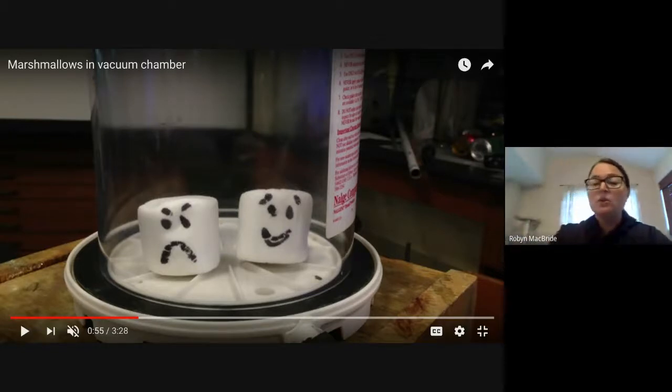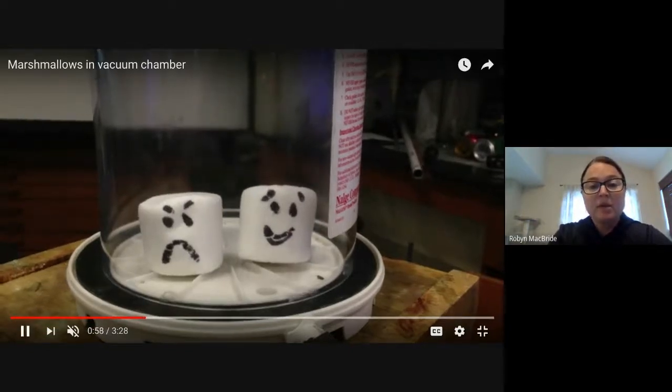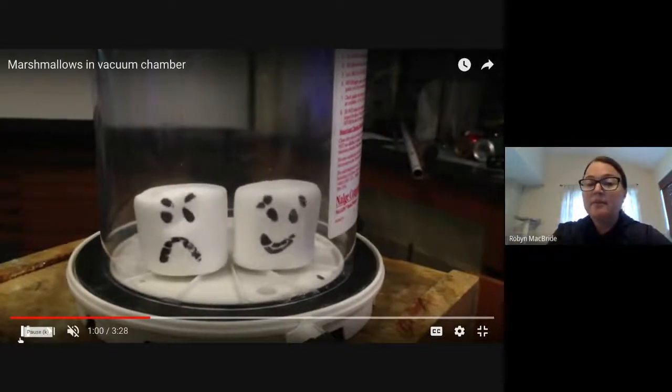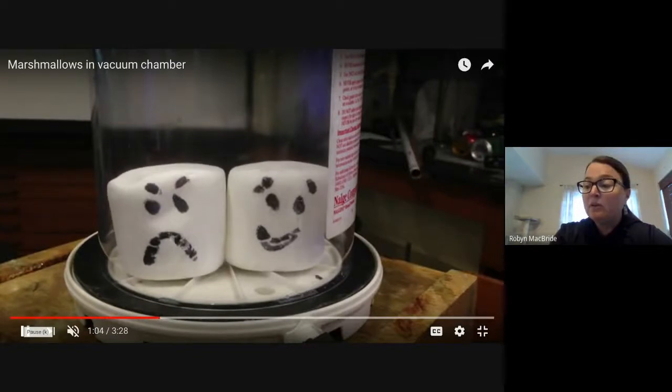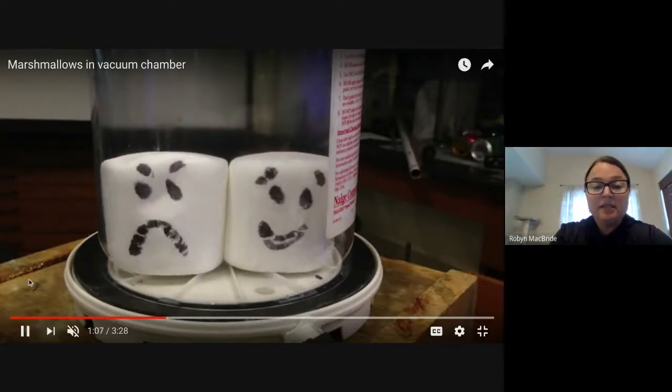When this decreases the pressure, let's take a look and see what happens to the volume of these marshmallows. Are you ready? Okay, here we go. We are decreasing the pressure in here, and we see that the volume is increasing.